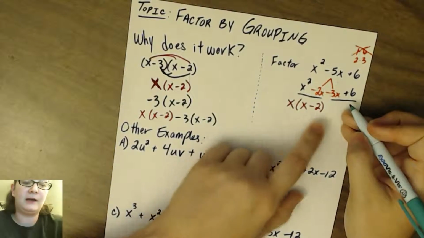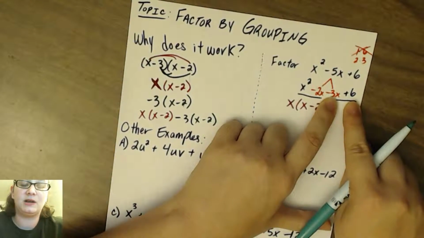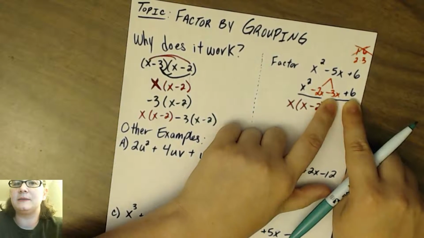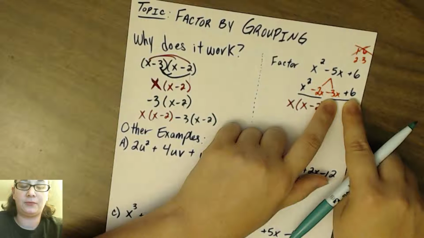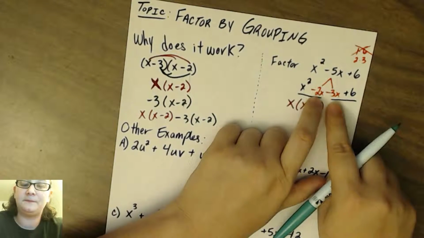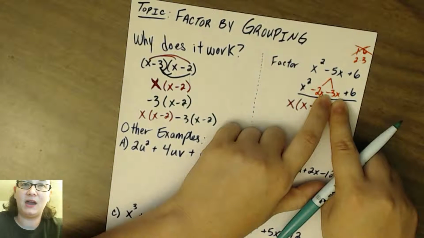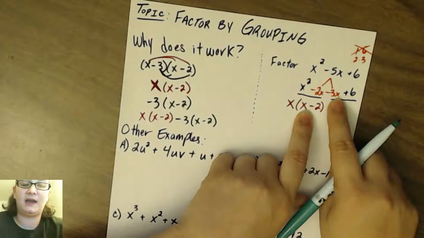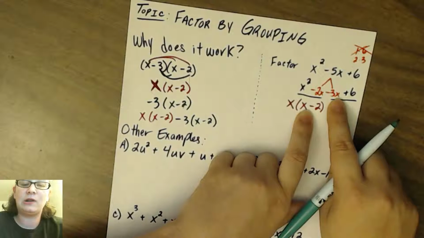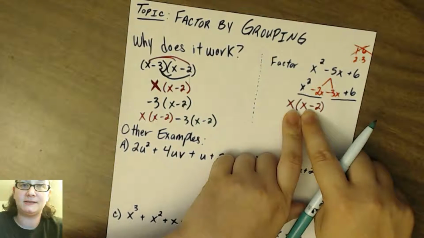For this next part, I want to figure out what these two things have in common. Well, it looks like they both have a 3 in common. So I could just divide them by 3. But if I did that, I would get a negative x right here. And I kind of want this to match with that. So in order for me to do that, I'm going to need x to be positive.